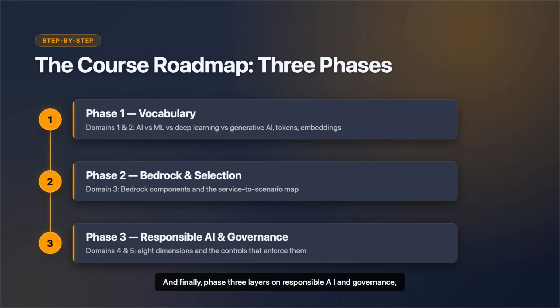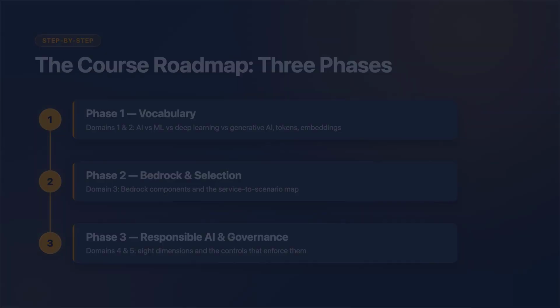And finally, phase 3 layers on responsible AI and governance, the domain 4 and 5 material, connecting Amazon Web Services' 8 dimensions of responsible AI, things like fairness, explainability, and controllability, to the actual controls that enforce them. Vocabulary first, then selection, then governance. Beacon Labs rides along through every phase.